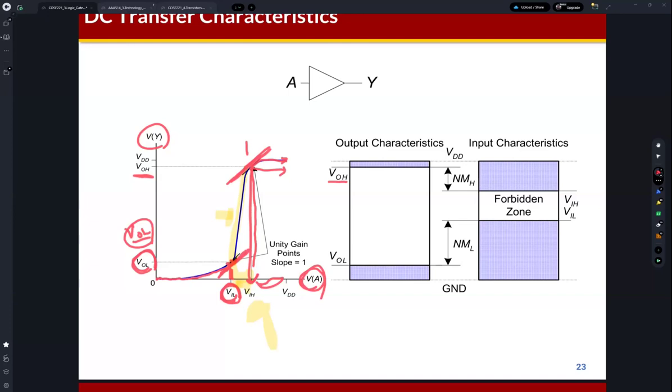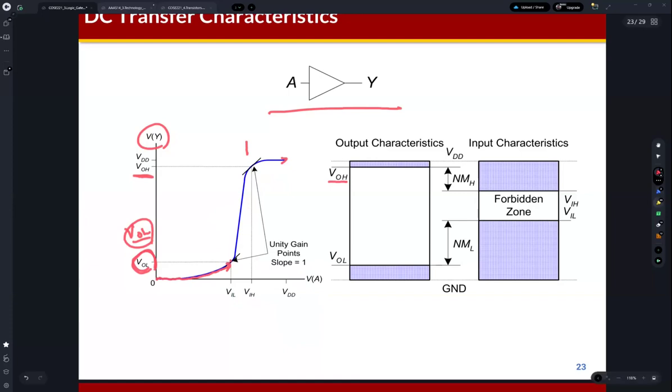Okay, because this is the input, we can say that for this buffer, if the input voltage is in this range, then this circuit is stable. This circuit works stably.